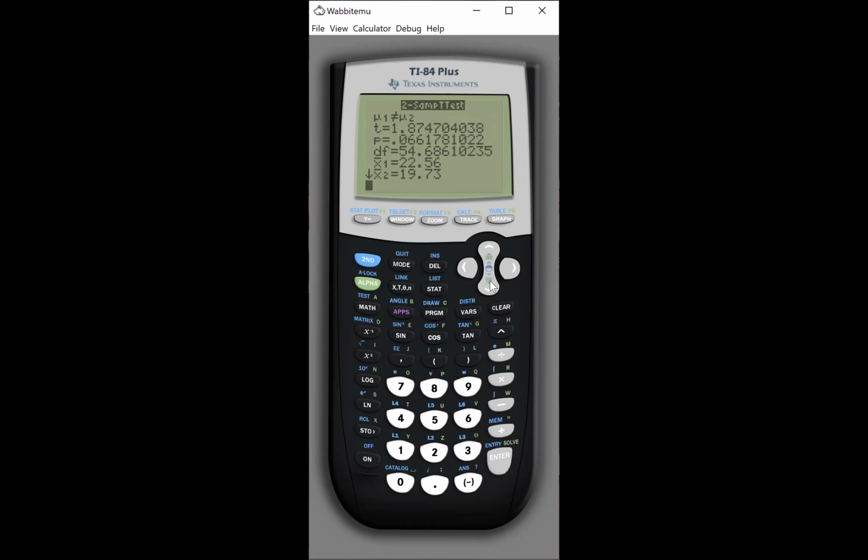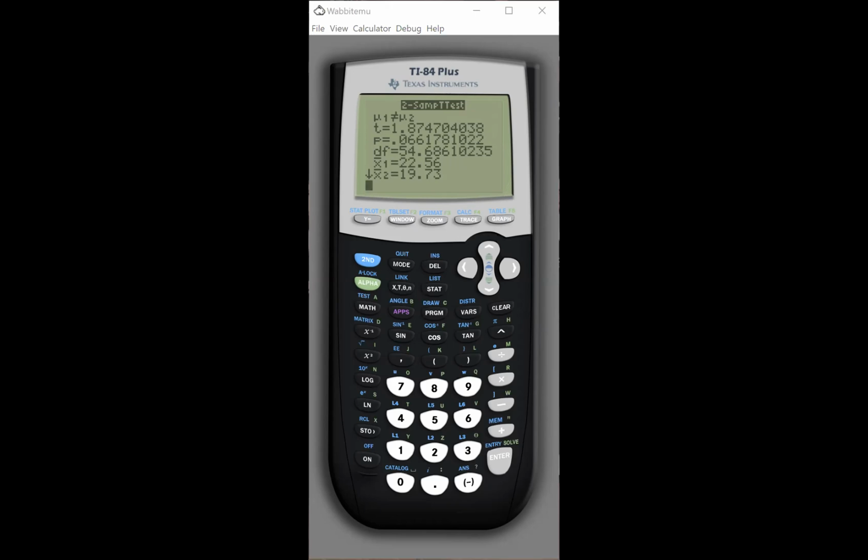Also, the p value is 0.0662. So the two main things that I got from here are the t value, which is 1.87, and the p value, which is 0.066. Any question on how I got the t or the p value?